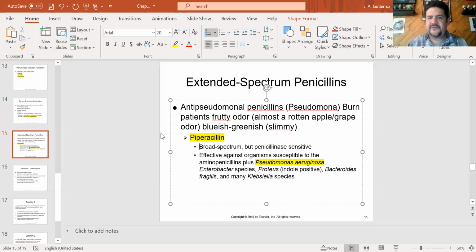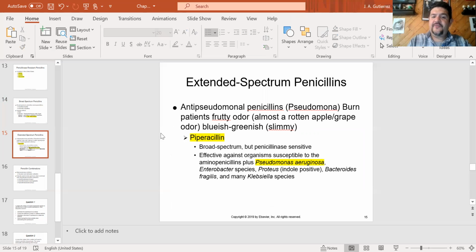The most common patients are patients in the burn unit, and usually the infection that you're gonna see has bluish, greenish characteristics with an apple, grape, or fruity odor, and it's a little bit slimy. Piperacillin has been used for other types of bacteria that are hard to treat too, but we're not going to continue talking about those in this chapter yet.